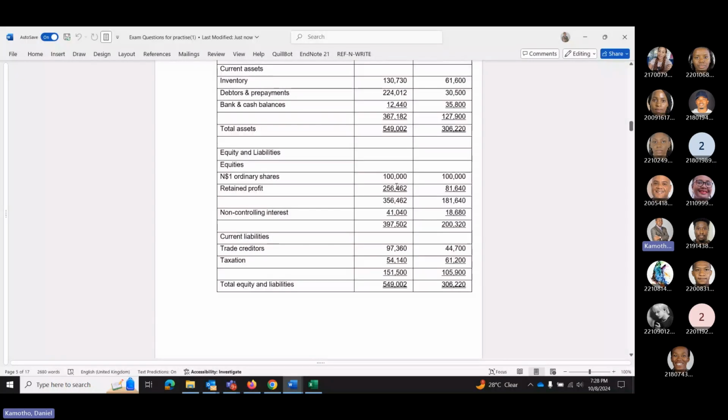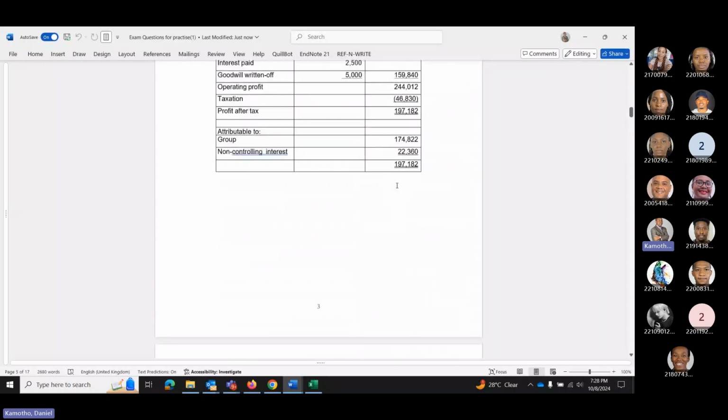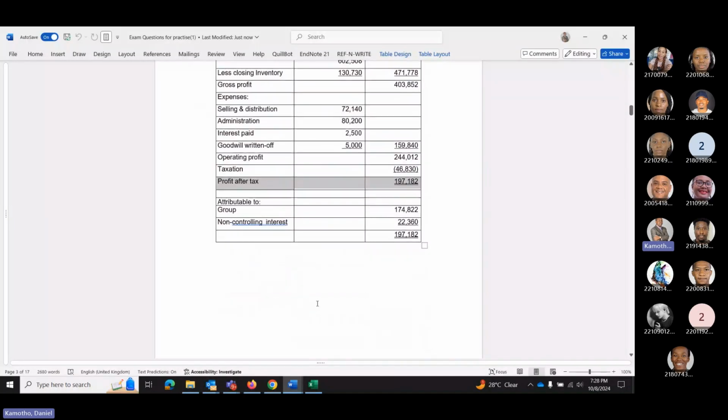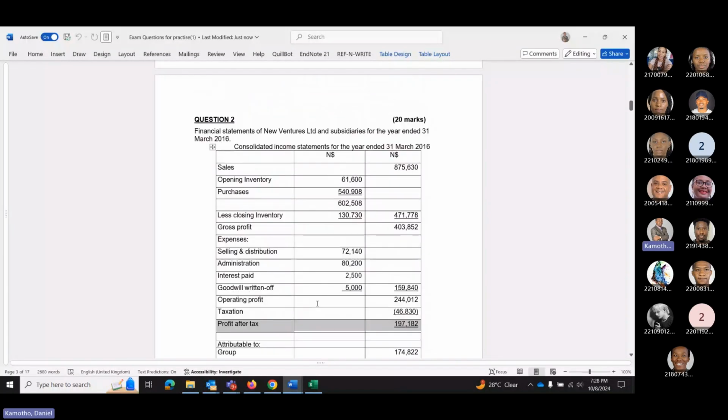So when we give you a statement like this, which I haven't explained, it has a lot of detail, but you can see in the end there is profit after tax or profit before interest and tax, which is the beginning point. We can always convert direct to indirect because the only thing that changes is the cash from operating activity.